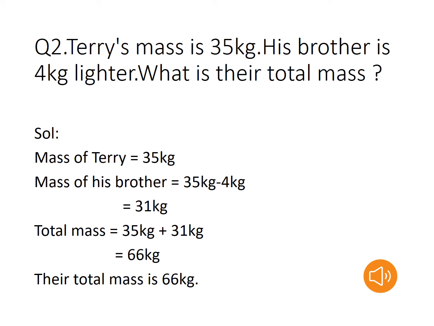Now we need to find out their total mass. Total mass is equal to 35 kg plus his brother's mass, which we have found, 31 kg. Now we need to add them. 35 kg plus 31 kg is equal to 66 kg. So their total mass is 66 kg.